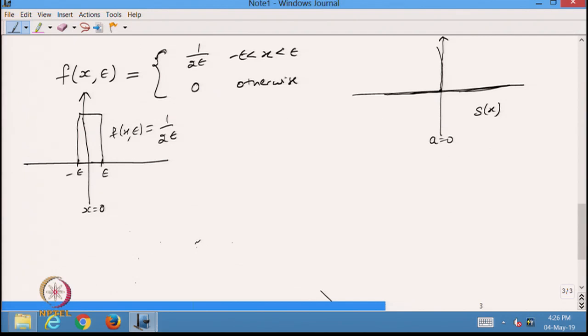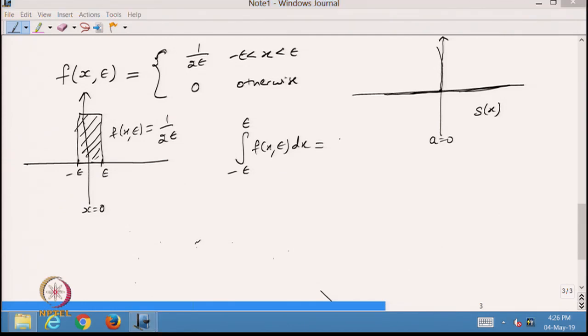Now if I take this function and I want to integrate f x epsilon dx, this is a positive function, so basically I want to find the area under this curve. So from here I can say, the integral from minus epsilon to epsilon of 1 over 2 epsilon dx, otherwise the value is 0.